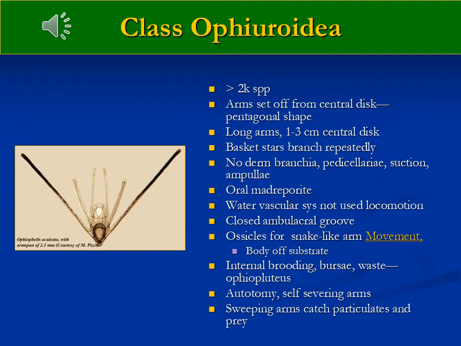It's where it says ossicles for snake-like movement. It's not highlighted from where I'm sitting right now, but you probably see it as yellow. It says movement. Maybe just click on that. It's kind of underwhelming, but you get the idea.